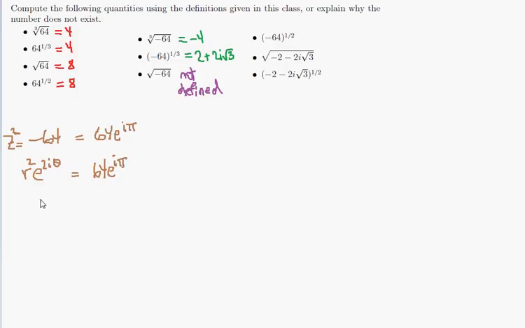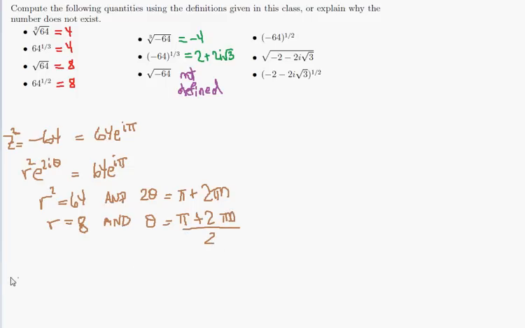So r squared is equal to 64. And we also have that 2 theta is equal to pi plus 2 pi n. So r is equal to 8. And theta is equal to pi plus 2 pi n over 2.